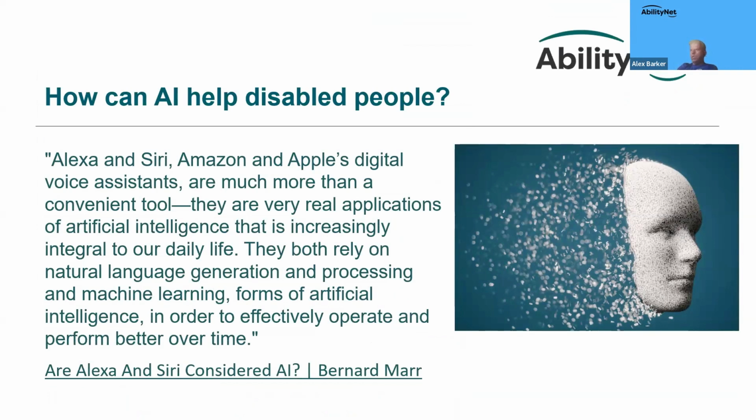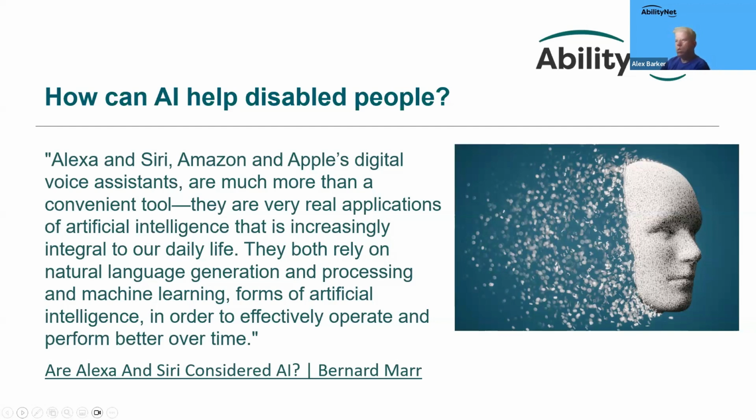So this is a quote that I found on the internet, which I think sums up AI and how it can help. "Alexa and Siri, Amazon and Apple's digital voice assistants, are much more like a convenient tool. They are very real applications of artificial intelligence that is increasingly integral to our daily life.